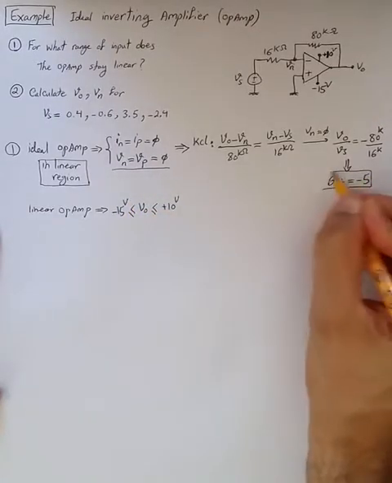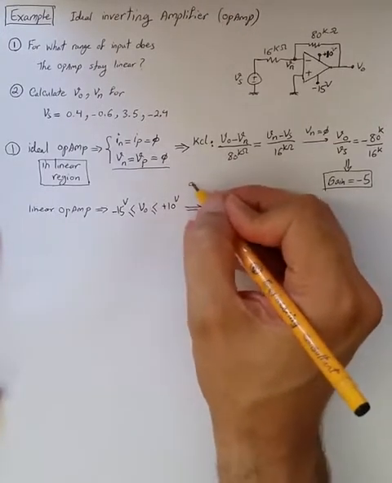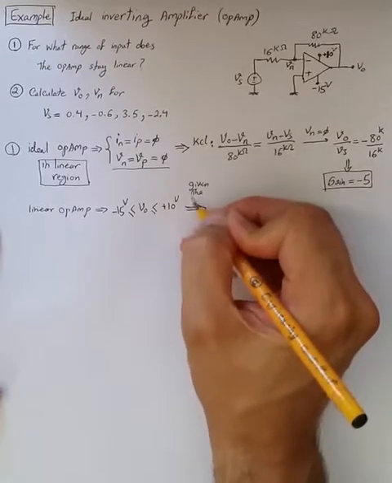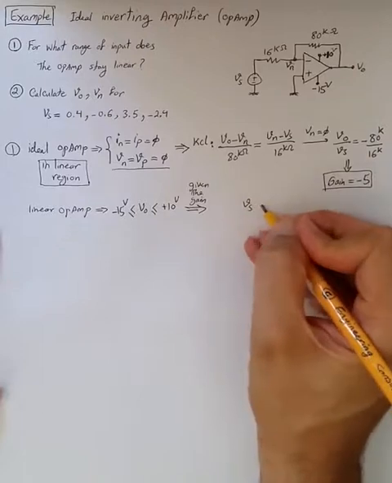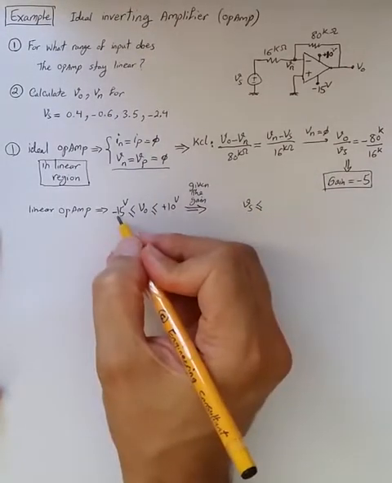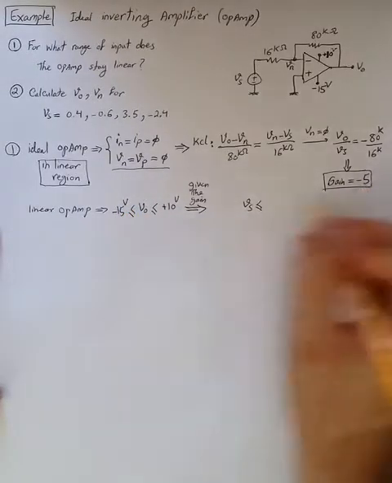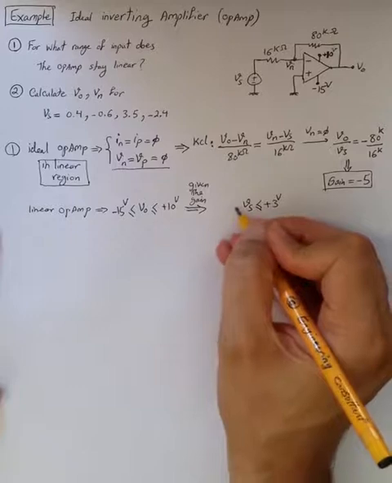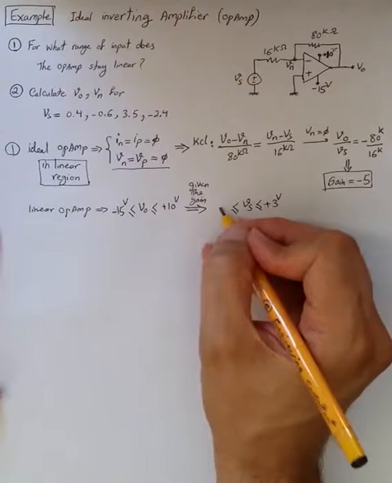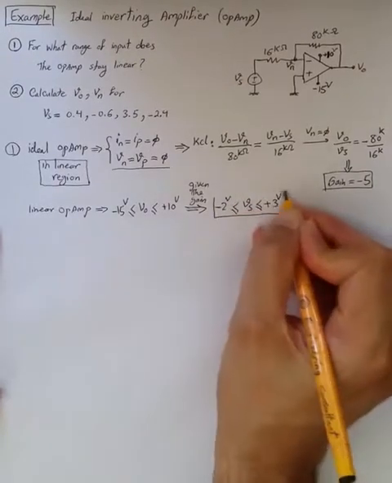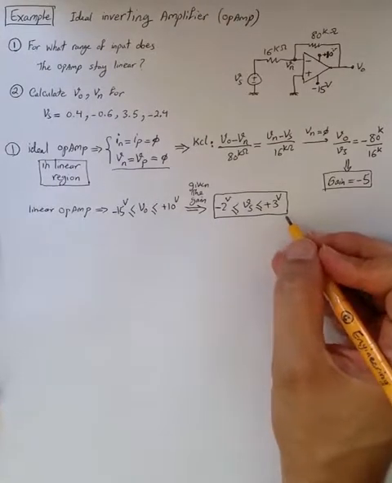Given that the gain is minus 5, in the case of minus 15 divided by minus 5 we get plus 3 volt, and in the case of plus 10 volt divided by minus 5 we get minus 2 volt. So this is the acceptable range for Vs, so that the op-amp remains in the linear region of operation.